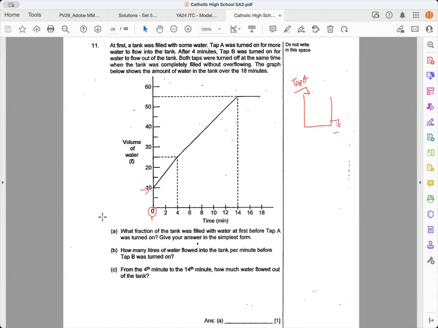So there's tap B. And both taps were turned off at the same time when the tank was completely filled. The graph below shows the amount of water in the tank over the 18 minutes.